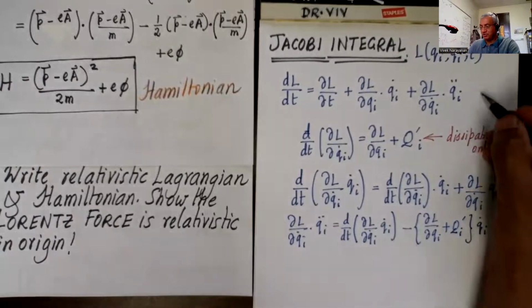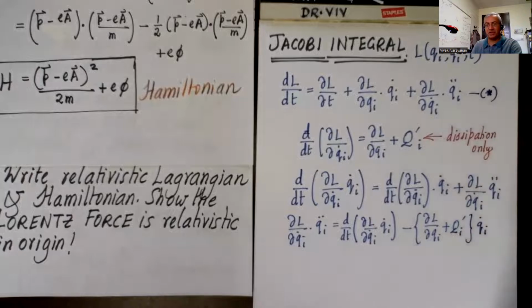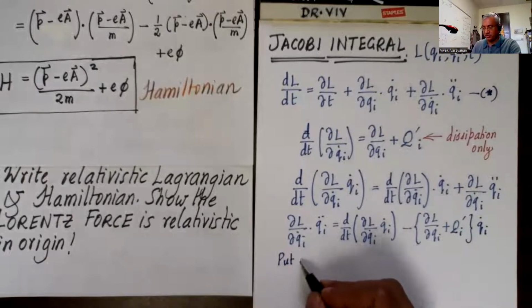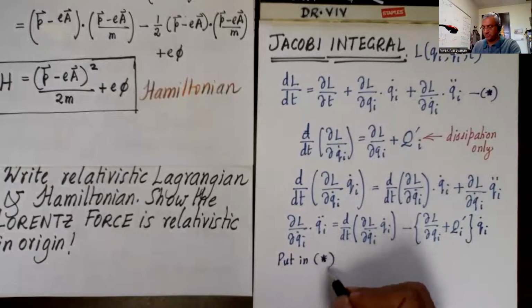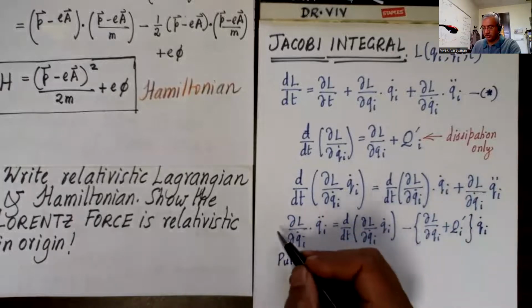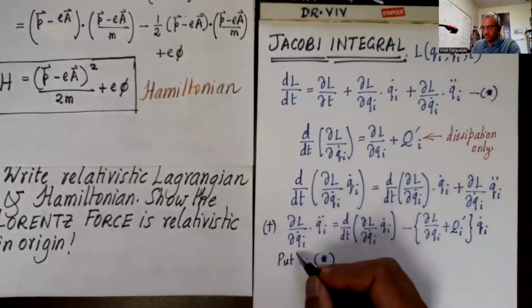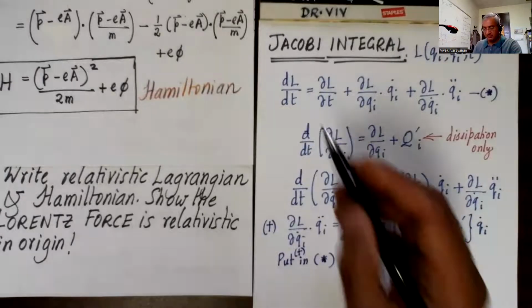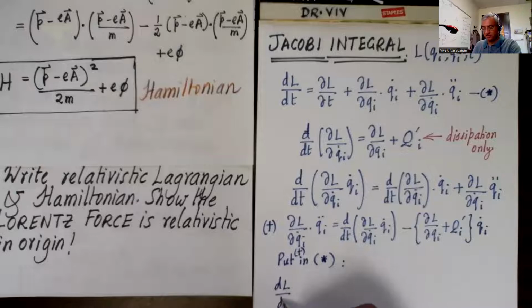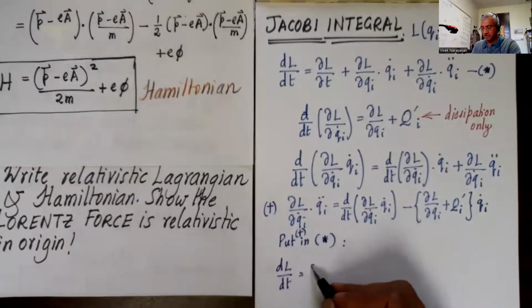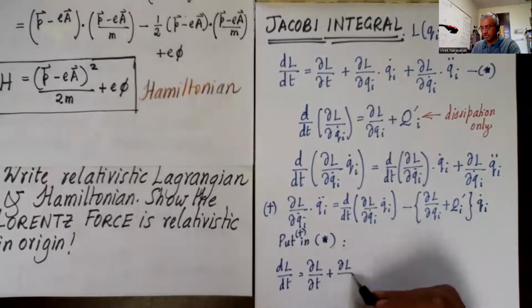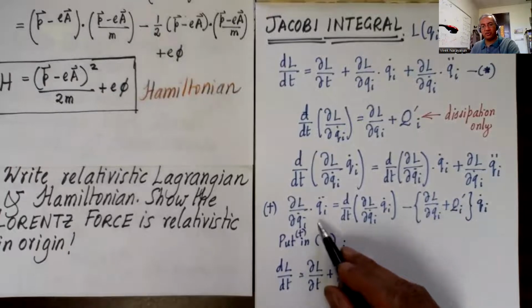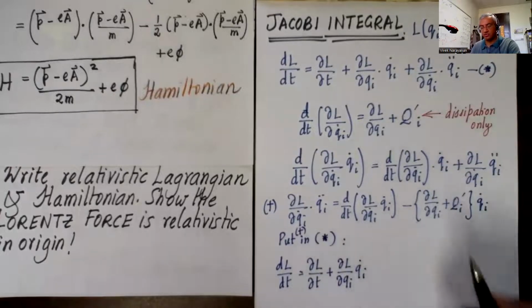So I'm going to replace the acceleration term there with these terms. Now I'm going back to the original equation, which I'll call star. I'll call this dagger. Put dagger in star. Then I have dL by dt equals del L by del t plus del L by del Qi dot, and now for this acceleration term, I put these two terms.